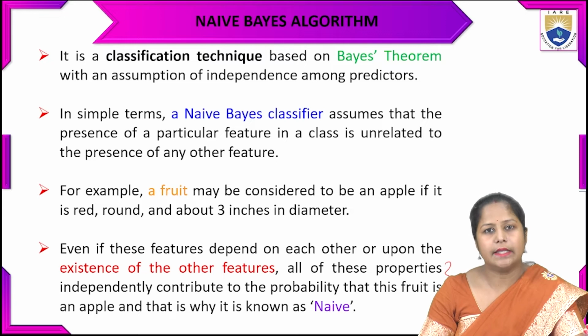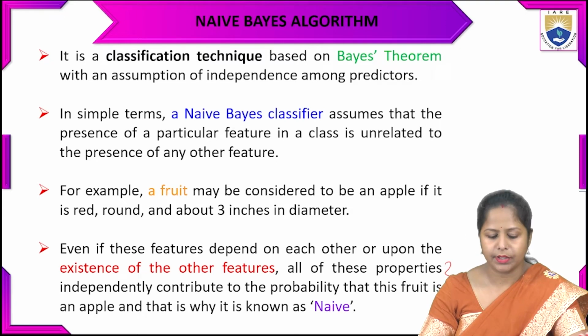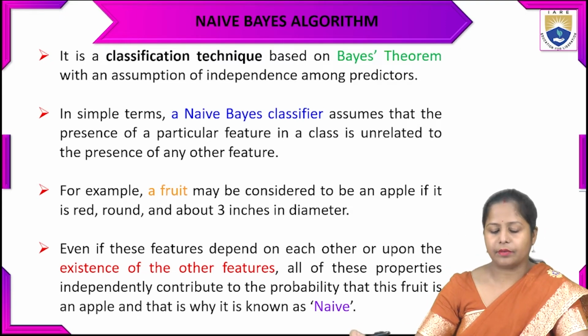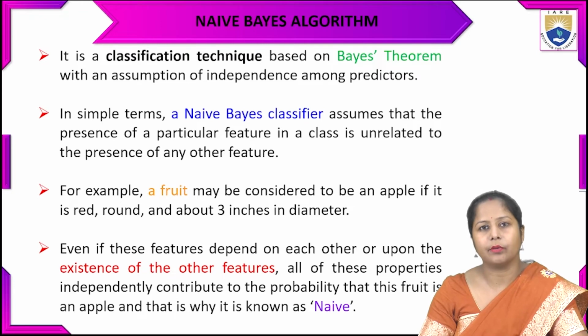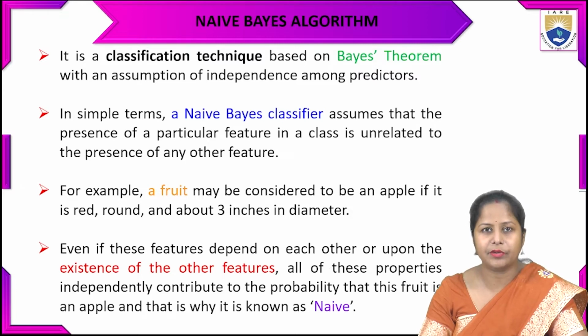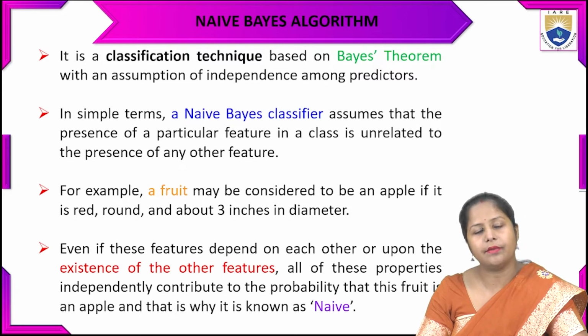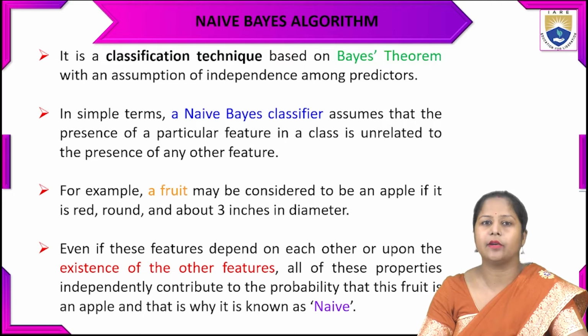On the basis of that, the particular fruit is classified as an apple. And why is it known as naive? We know the properties, but we don't know that it is an apple. That's why we call this particular algorithm naive.